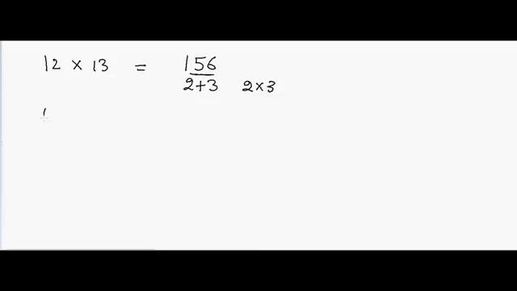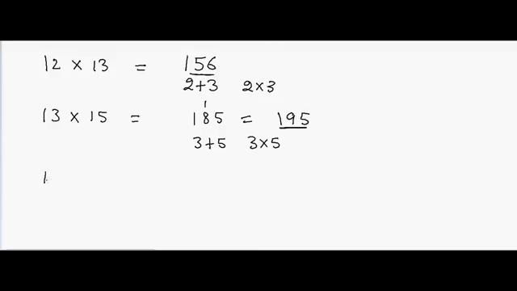Again, if I have 13 and want to multiply by 15, then in that case it will be 3 plus 5, that is 8. So we'll write an 8 here, and 3 into 5, which is 15. So I have 5, 1 and 1, so that will give me 195.